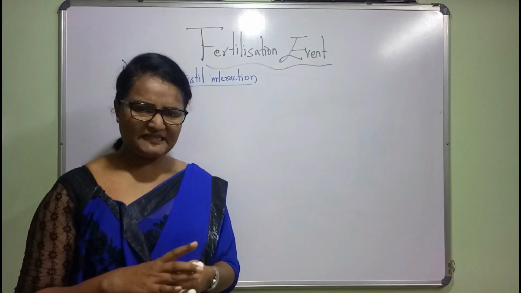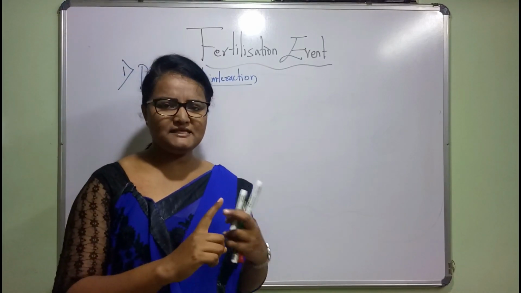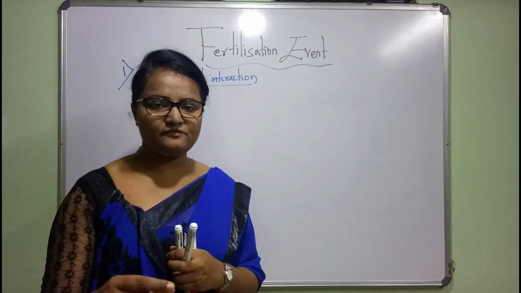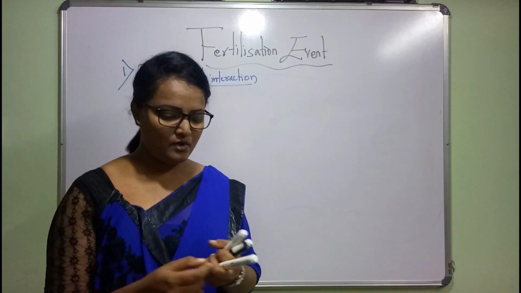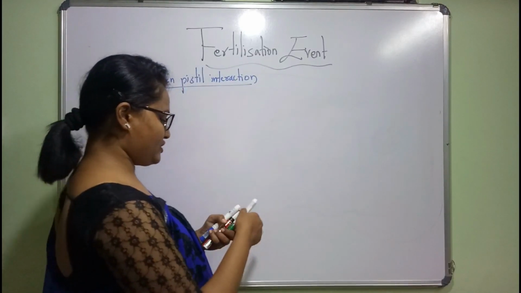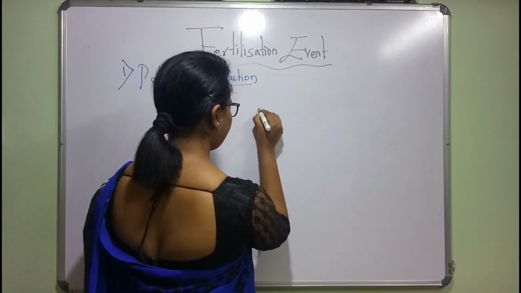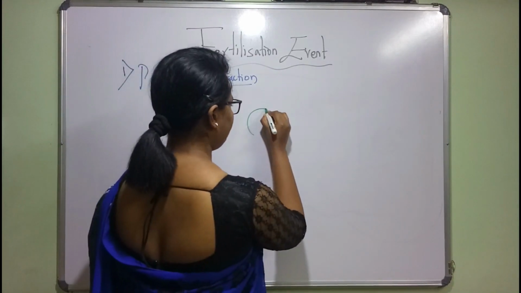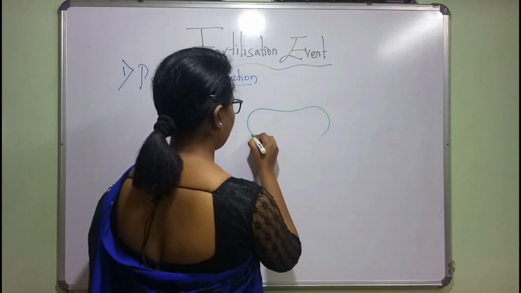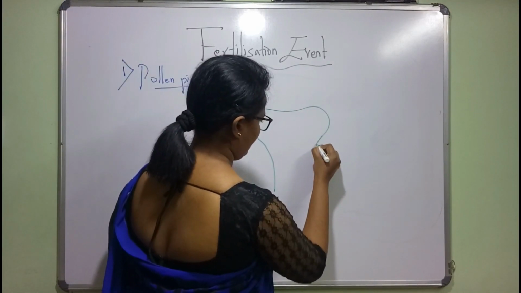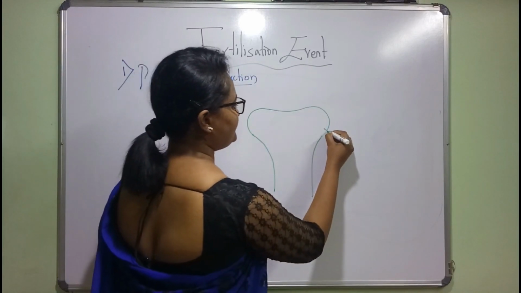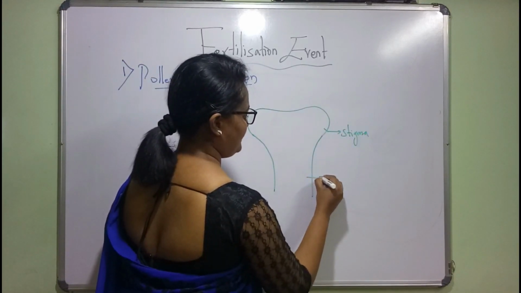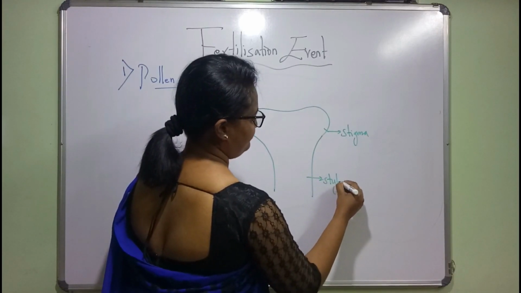It is nothing but the interaction between the pollen grain and the surface of the stigma. We know already the structure of stigma. I'll draw it in a bigger way for better understanding. So this is our stigma and style.